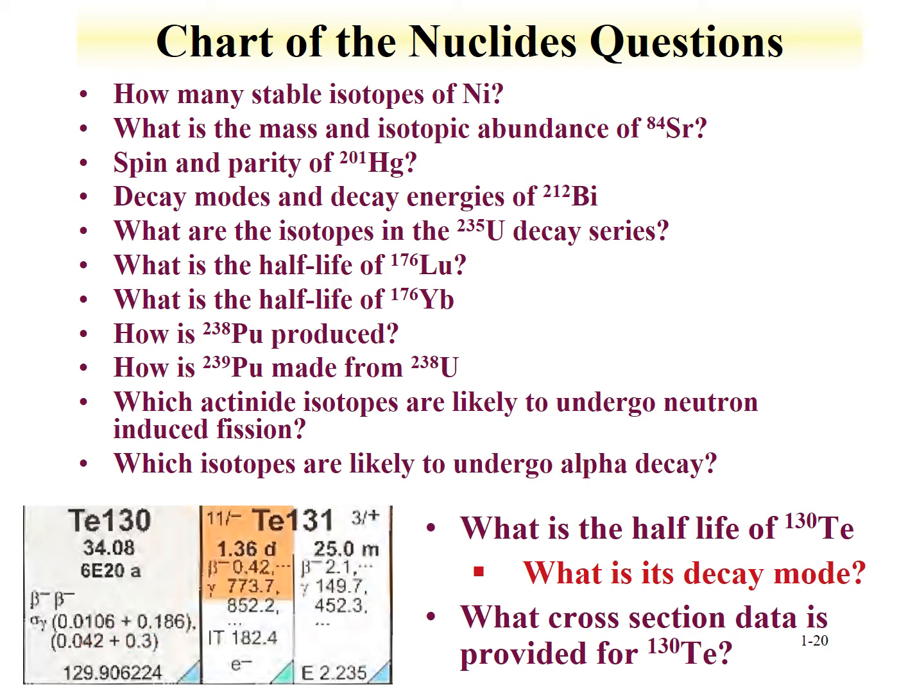So I have 4 different reaction cross sections to consider, because depending upon the energy, if a neutron hits tellurium-130, the neutron energy for thermal neutrons is described here. It can make this metastable or this ground state, and a more energetic neutron can make this metastable or this ground state.